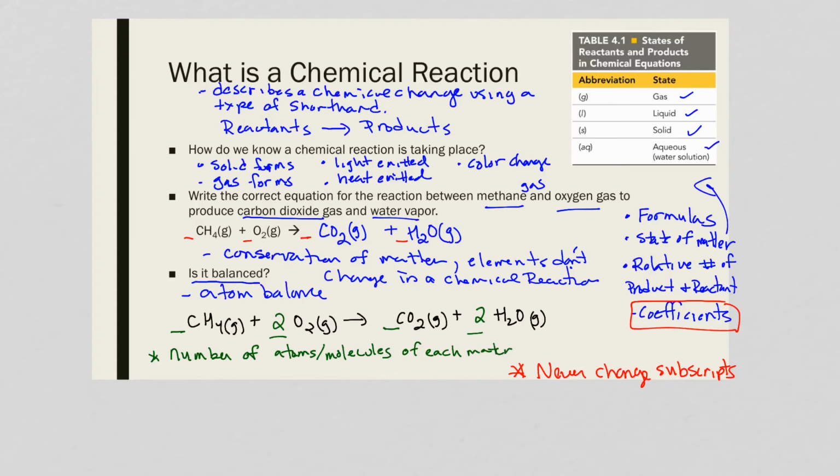So this tells me that one molecule of methane reacts with 2 molecules of O2 to give me 1 molecule of CO2 and 2 molecules of water. And it gives me those ratios, right? It says for every 1 methane, I can make 1 carbon dioxide, or I can make 2 waters.